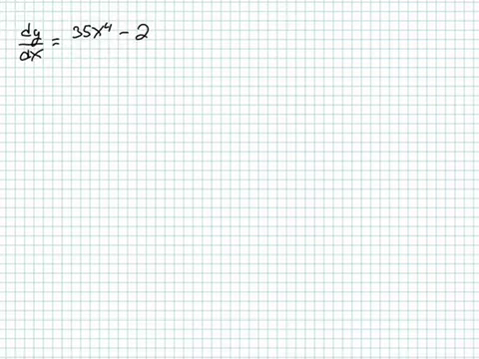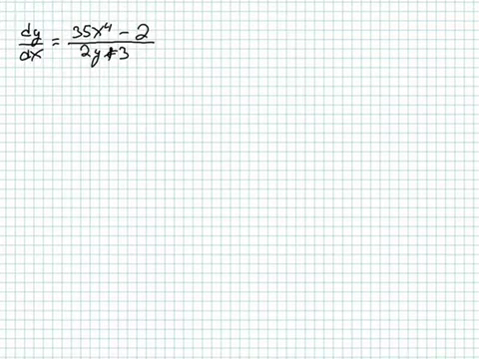So I'm going to actually, wrong grid, I'm going to actually use the same derivative. So here we just found that dy/dx for that particular function was equal to (35x^4 - 2) all over (2y + 3).